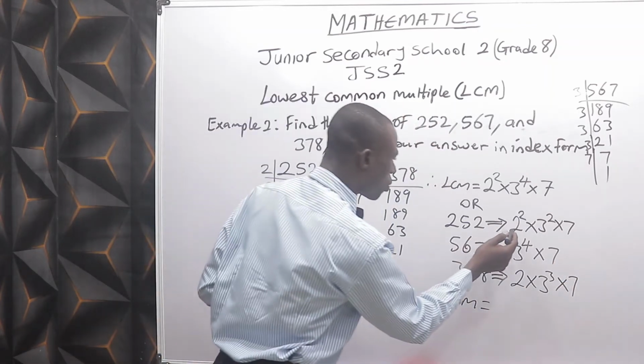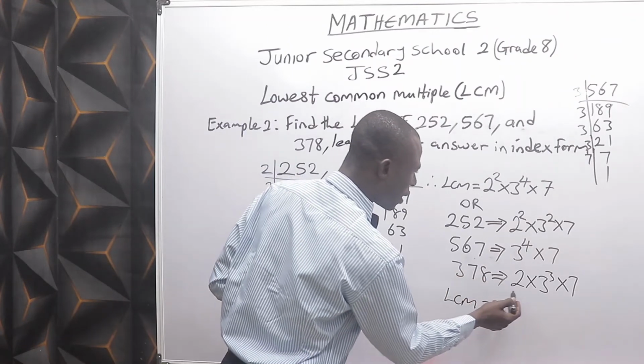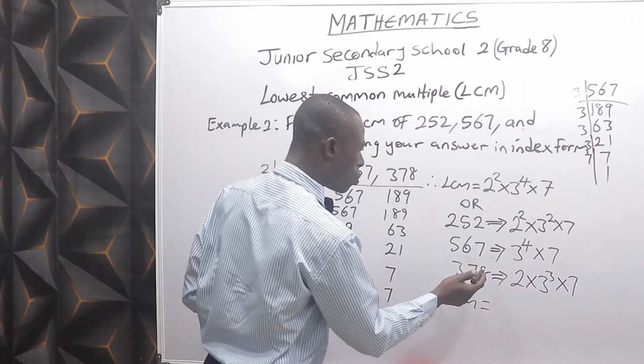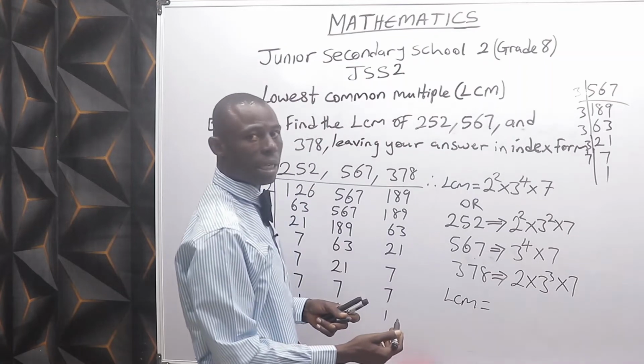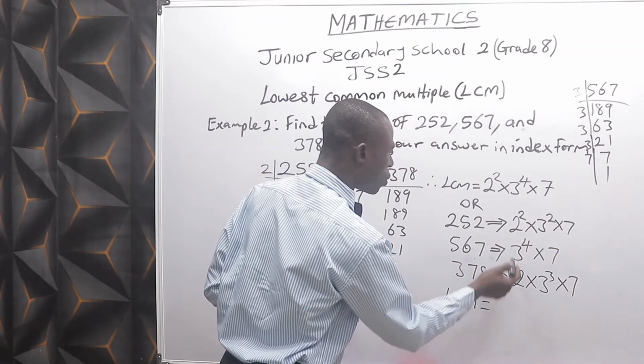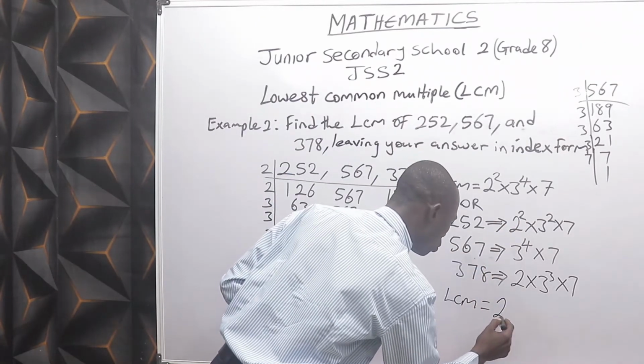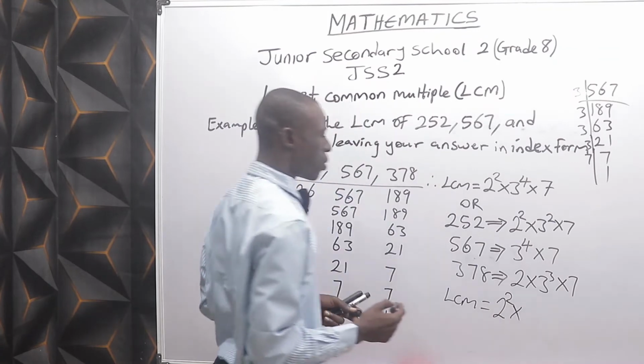But we have 2 raised to power 2 in the first number, 2 raised to power 1 in the last number. Meanwhile, 2 is not existing in the second number. So we are going to take the 2 in its highest power, which is 2 raised to power 2, right? 2 raised to power 2 times.